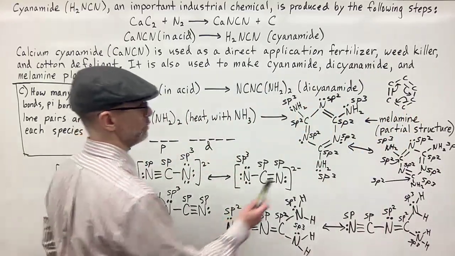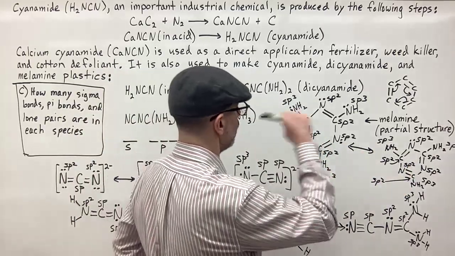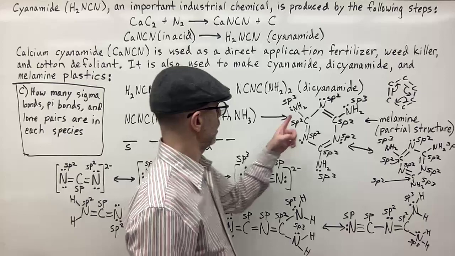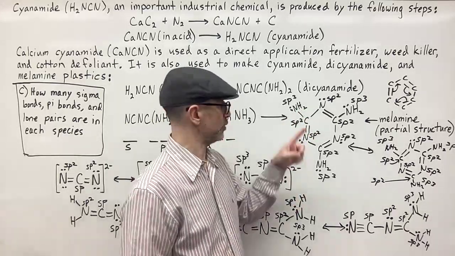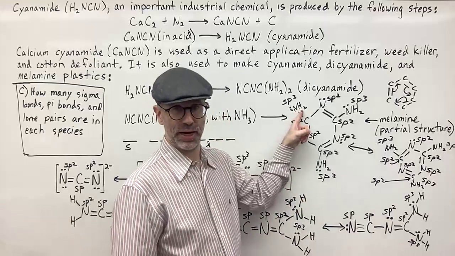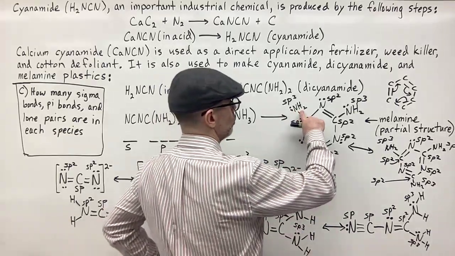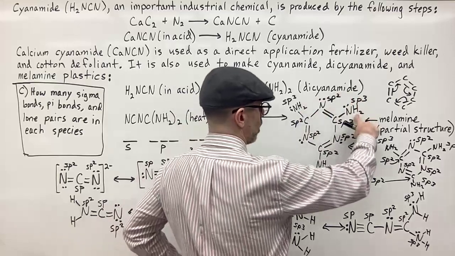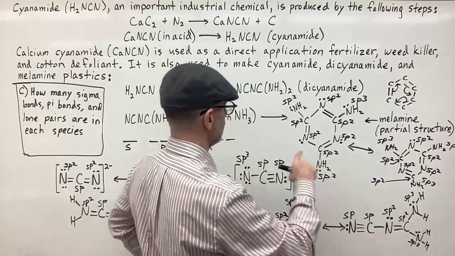And here we can see between these guys here. So again, for the number of sigma bonds, don't forget that these 2 hydrogens are bonded to the nitrogen. So that's easy to forget. So there's 2 bonds there. So we have 2, 4, and 6 bonds. Okay, so we have 6.